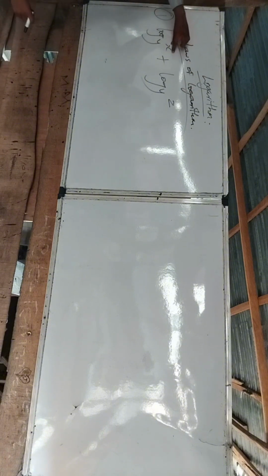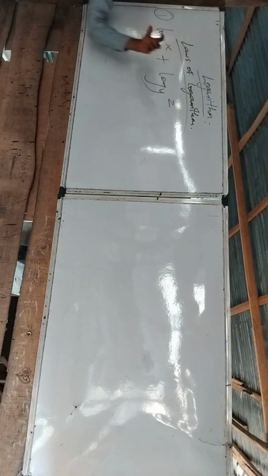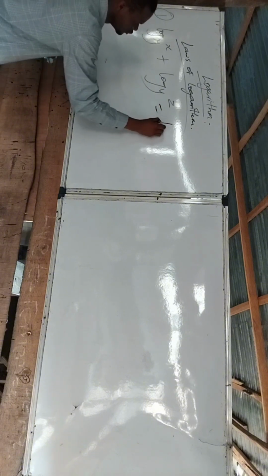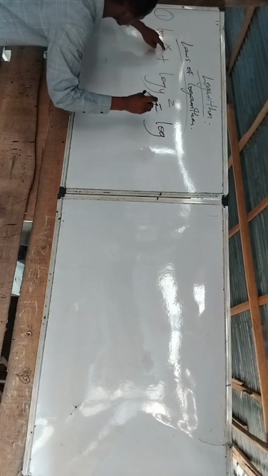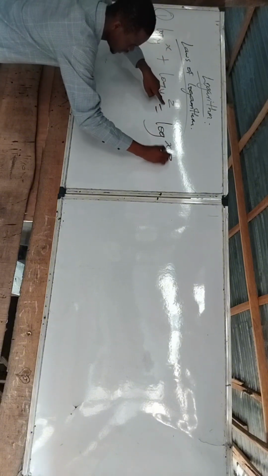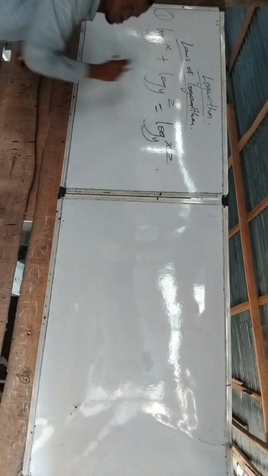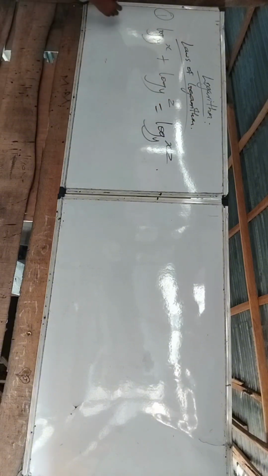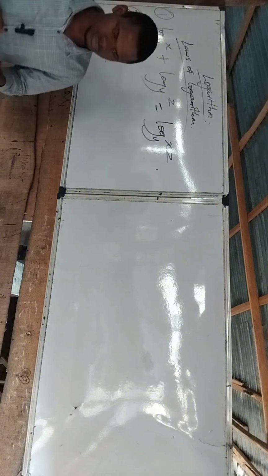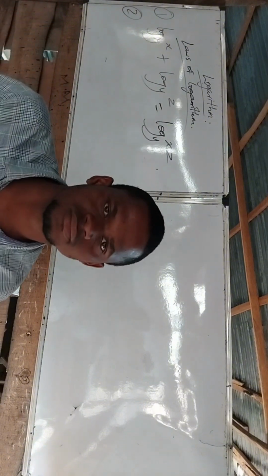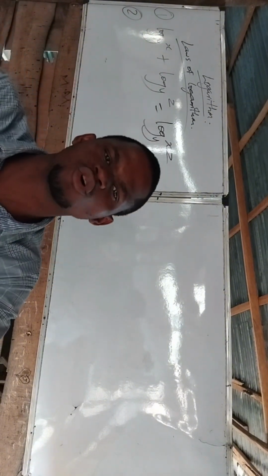The numbers are s and z, of the same base. The base here is y and the base here is y. The law said that you should multiply out the numbers and pick one of the base. You are going to have log sz base y. That will give you the answer.